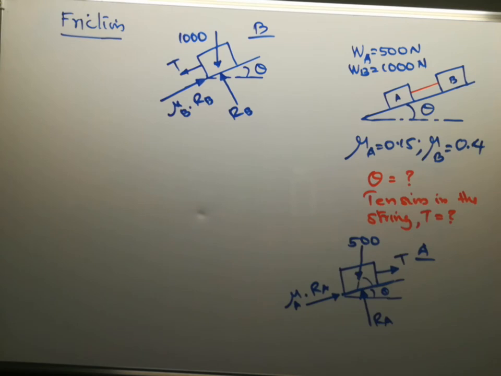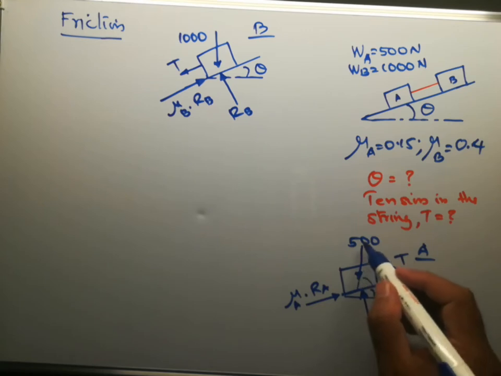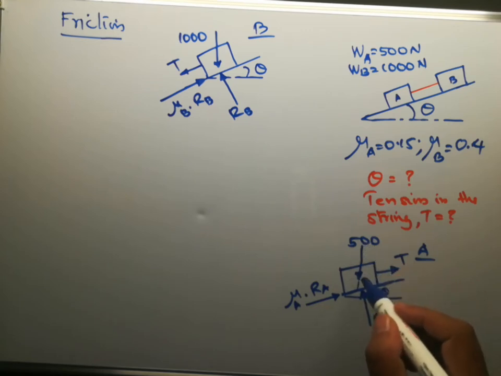As it is acting in the vertical direction and the block is placed at an inclination to the horizontal, we need to resolve this 500 Newton, that is the weight of the block, into two components.